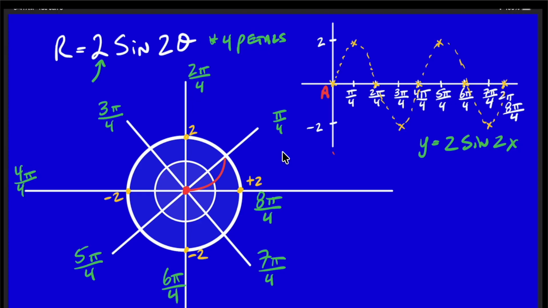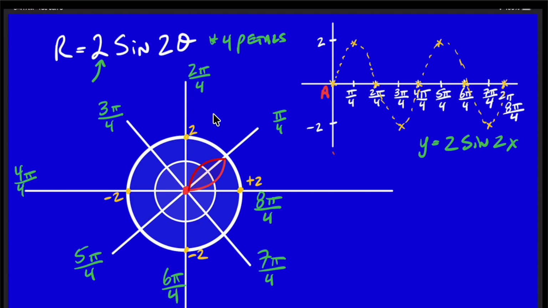And we could see that on our rectangular graph, the y value and the r value are synonymous. The r value goes from 2 to 0. So we're going to take this from 2 to 0 during this section, which is pi over 4 to 2 pi over 4. Again, since we're positive, we're going to stay in the appropriate section.